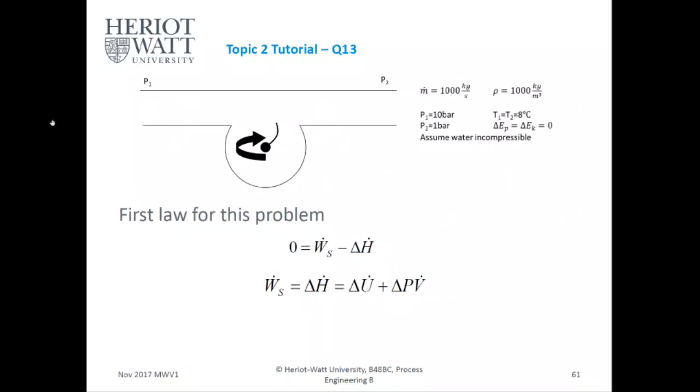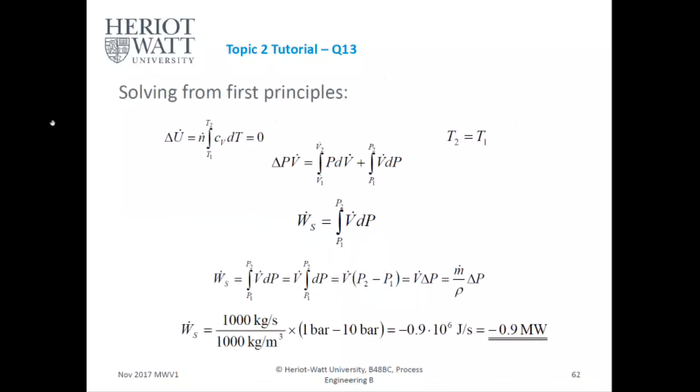So, from the first law, we know shaft work minus delta H equals 0. Shaft work equals delta H, which equals delta U plus change in pressure multiplied by volumetric flow rate. Hence, the change in internal energy for the flow rate equals n multiplied by the integral of Cv dT, and T2 equals T1.